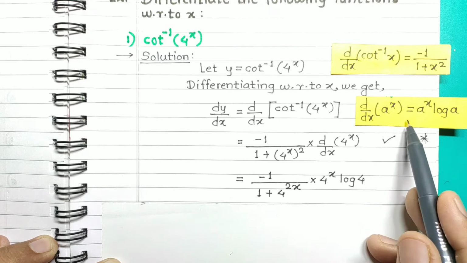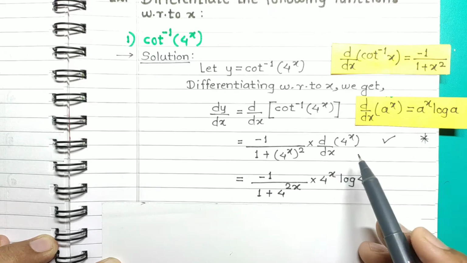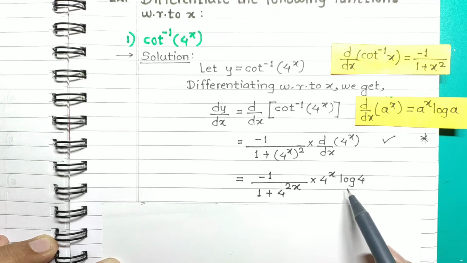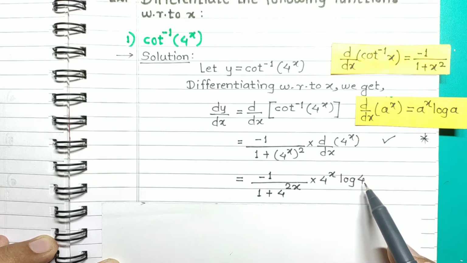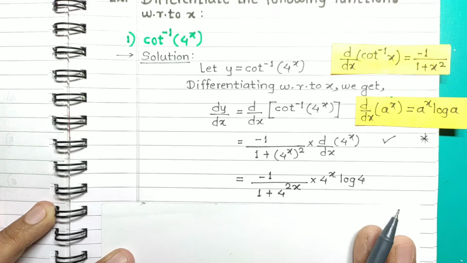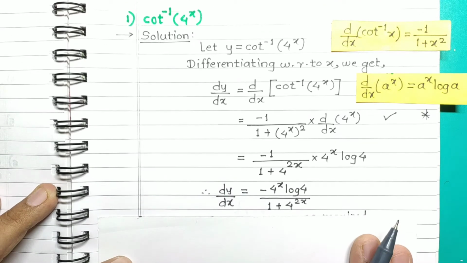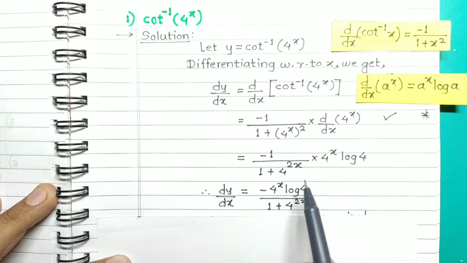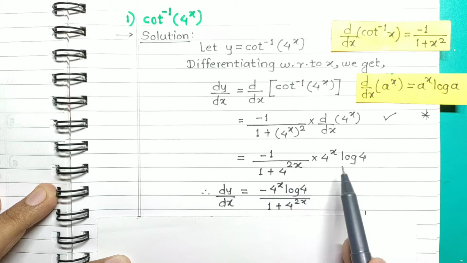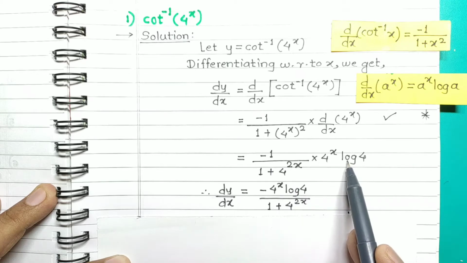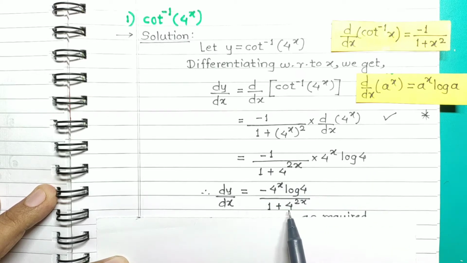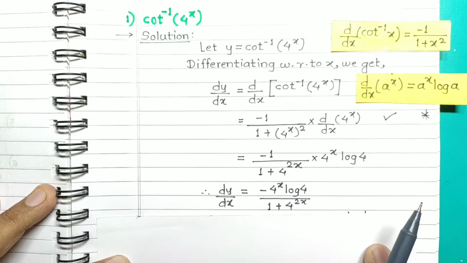So using this standard formula we can write the derivative of 4 raised to x as 4 raised to x into log 4. So, rearranging the terms, we have the required derivative dy by dx as minus 4 raised to x into log 4 upon the same denominator 1 plus 4 raised to 2x. This is the required derivative.